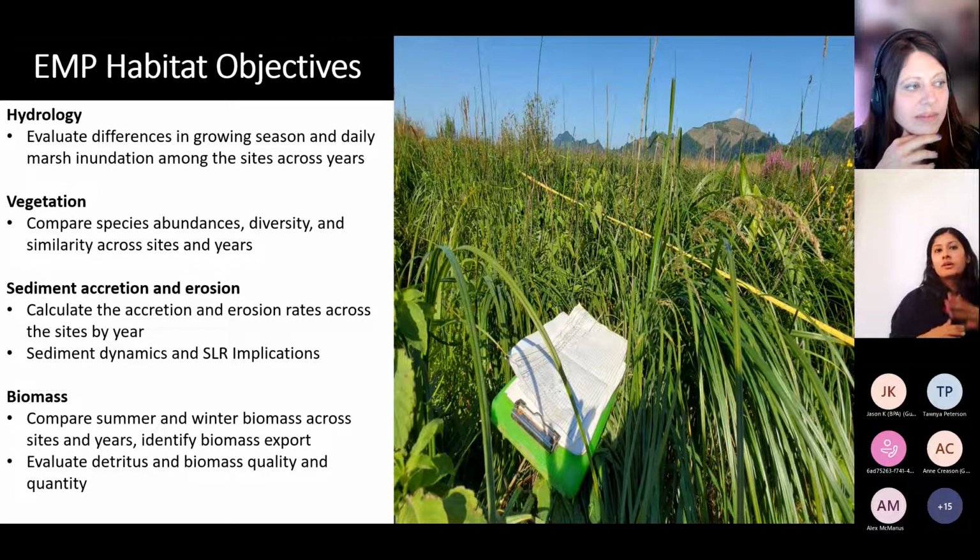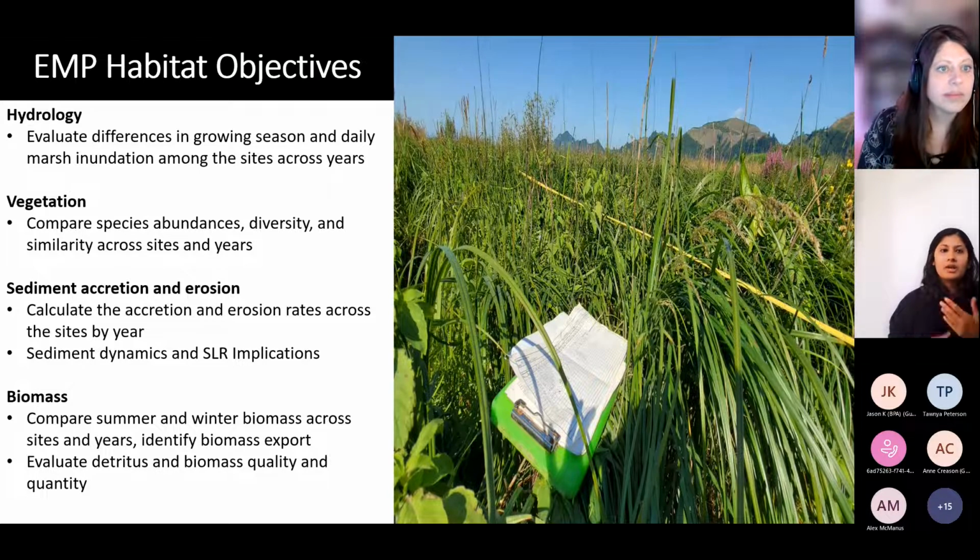We monitor certain ecological components. We look at different inundation patterns at our long-term trend sites and how these vary over different years. We also collect vegetation composition data and evaluate their variations over the years as well.